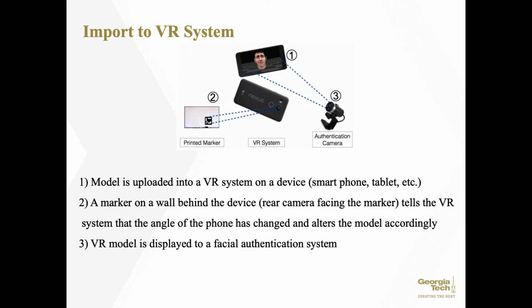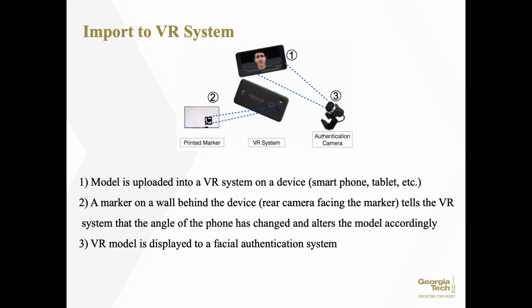A marker on a wall behind the device, which is near the rear camera, tells the VR system that the angle of the phone has changed and alters the model accordingly. The next step is that the VR model is displayed to the facial authentication system, and spoofing begins.